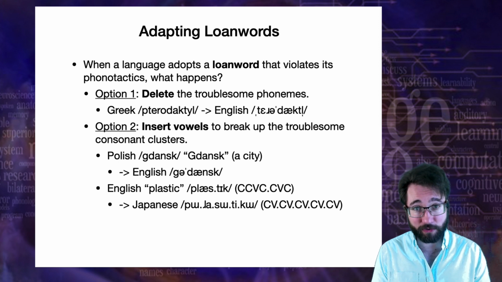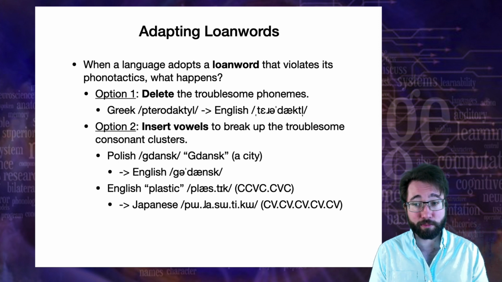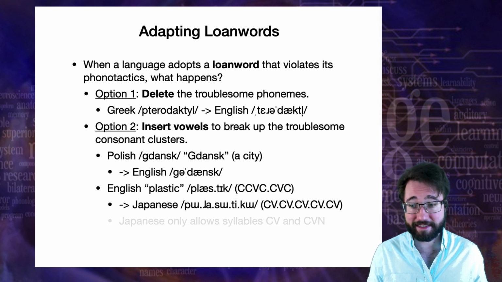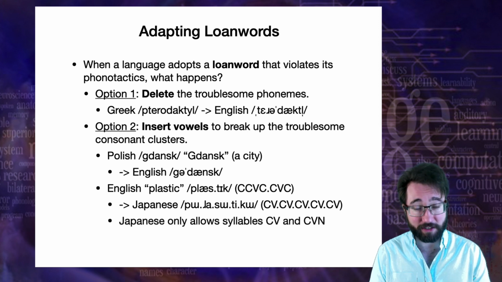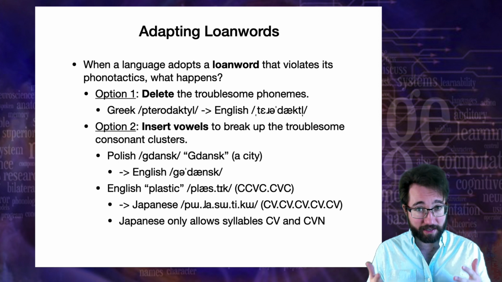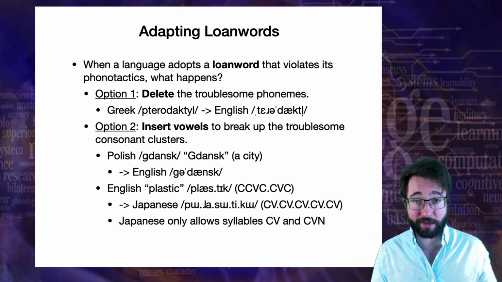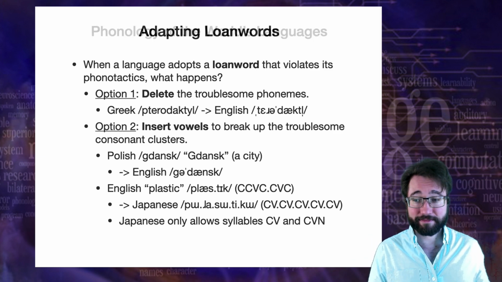So a bunch of vowels are inserted in order to break up those consonant clusters and make it conform to Japanese phonotactics. Japanese, in fact, only allows syllables of the form consonant-vowel or consonant-vowel followed by a nasal. And so you have to add a lot of epenthetic vowels in order to adapt a word into Japanese.